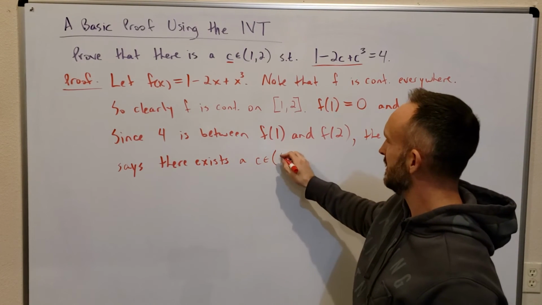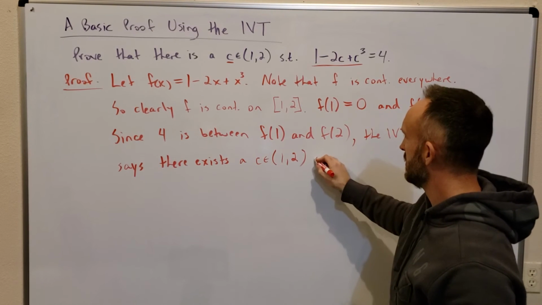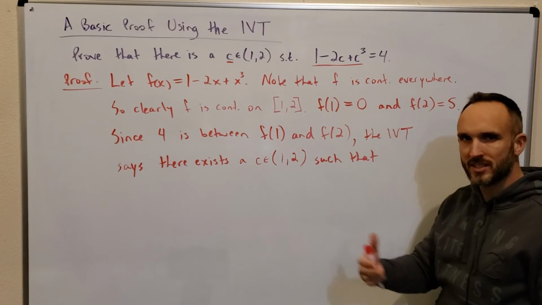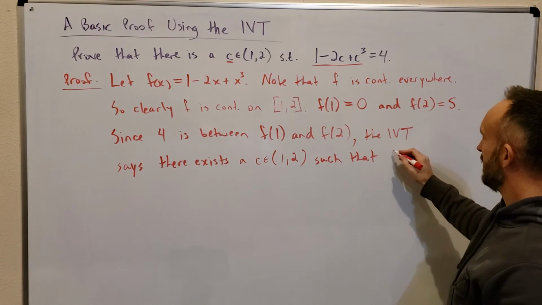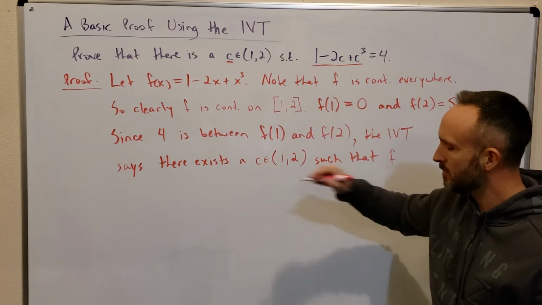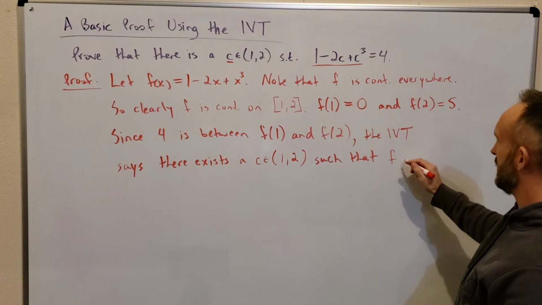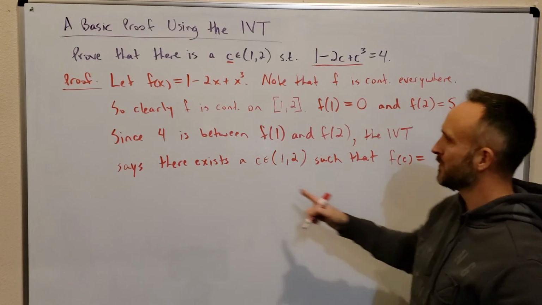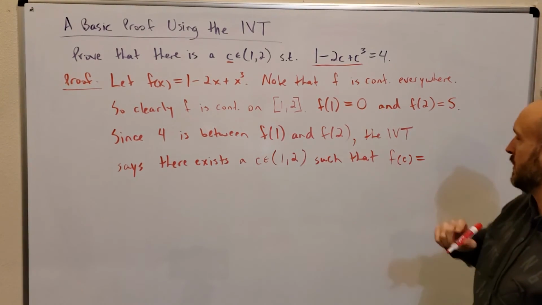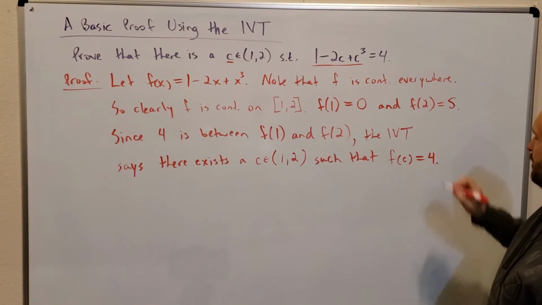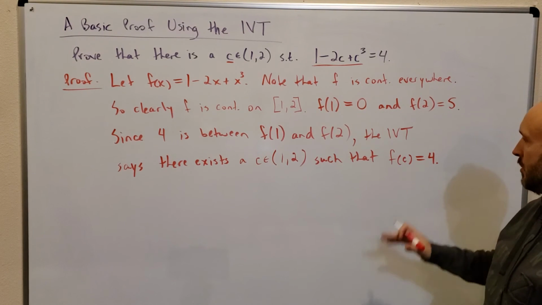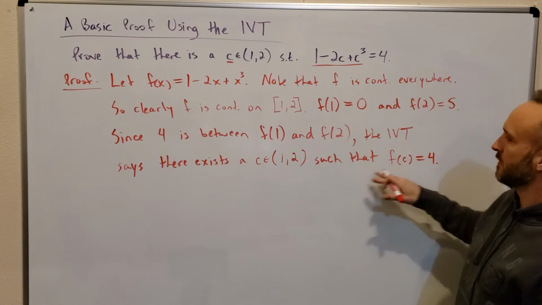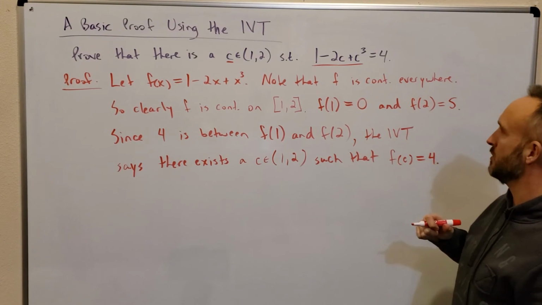So c is in the open interval from 1 to 2, such that, and what's the conclusion of the IVT? That f of that c value, which is an x value, such that f of c equals our n value, which is the 4, the y value between f of 1 and f of 2. Okay? So this is where the IVT leads us. F of c equals 4 for some c between 1 and 2.